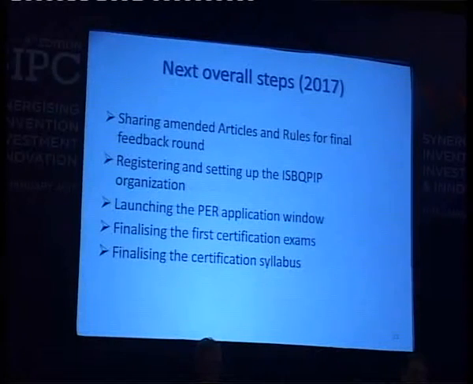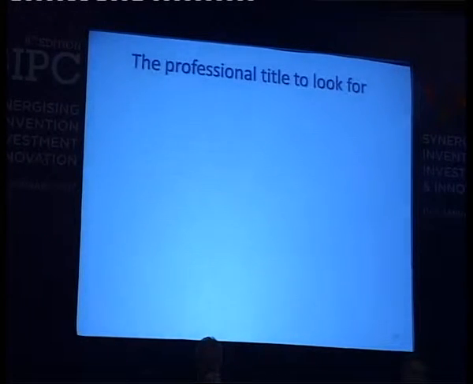How far are we? Basically, we are at the moment that more or less we can share the articles and rules with the community for comments and for fine-tuning, and then we can set up this whole organization. Then we will be able to finalize the first exams and finalize the whole setup, which means that the certification can probably start somewhere in 2018, 2019.